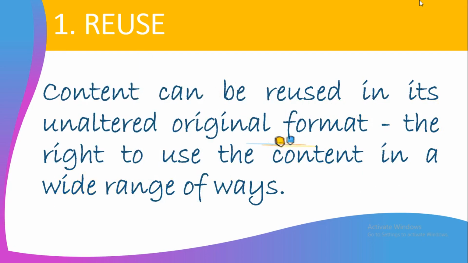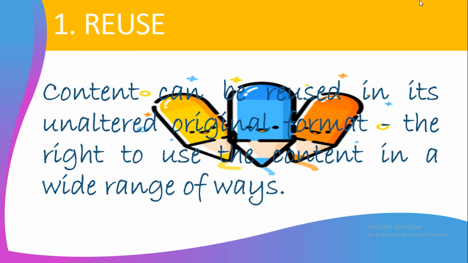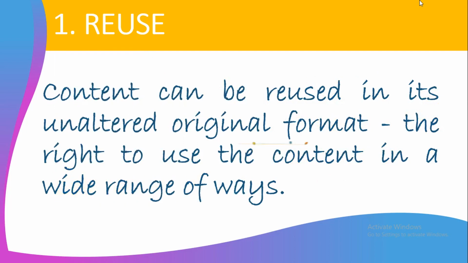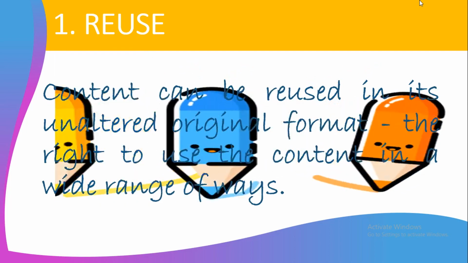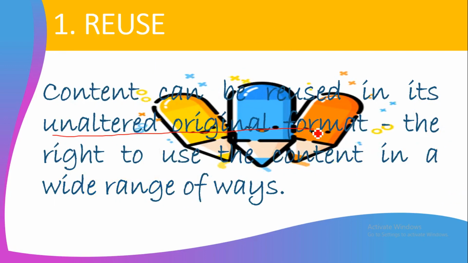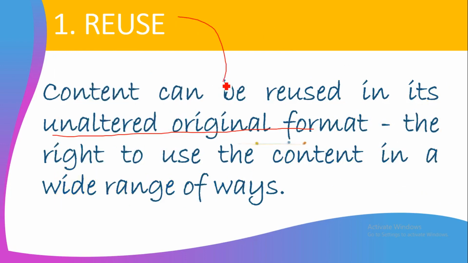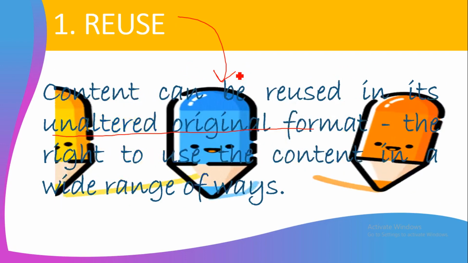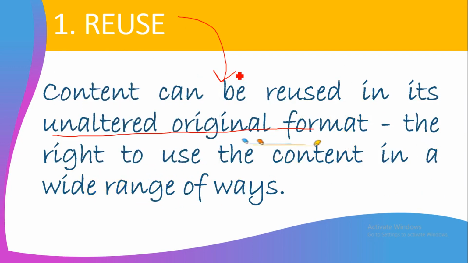If I have given my name in the footer or the header, then you need to use it in the original format. You cannot put your name there and use it. Fine. So the first R says you need to reuse it in the unaltered original format. This means you are using the content in any unaltered original format, any number of times.